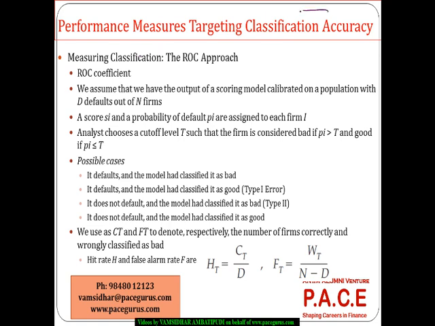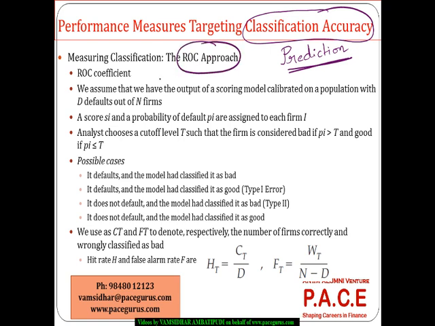First we'll focus on classification accuracy, and at a later point we'll focus on the prediction accuracy of the model. From the classification accuracy perspective, we are targeting the ROC approach. So we'll compute what we call the ROC coefficient. It's very straightforward.